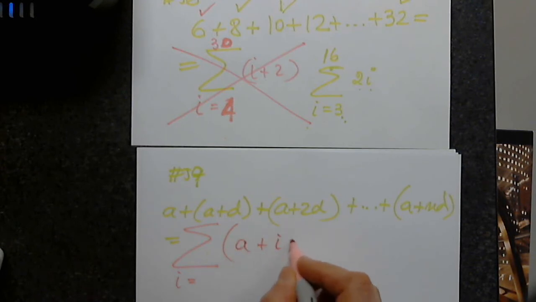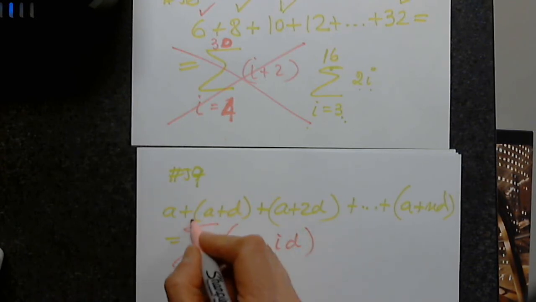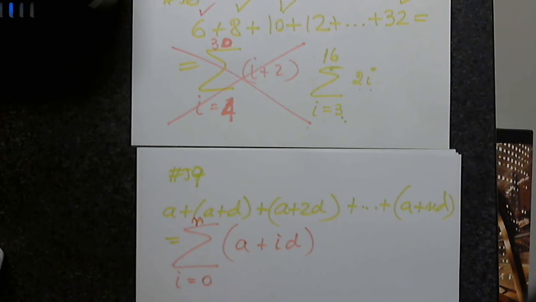So a plus id, from 0 to n. When i is 0, I get a. When i is 1, I get a plus d. When i is 2, I get a plus 2d. When i is n, I get a plus nd. It is accepted without having the parentheses, the first one.